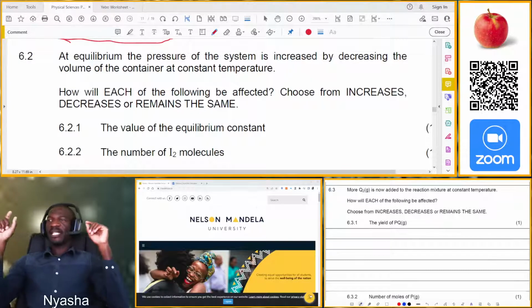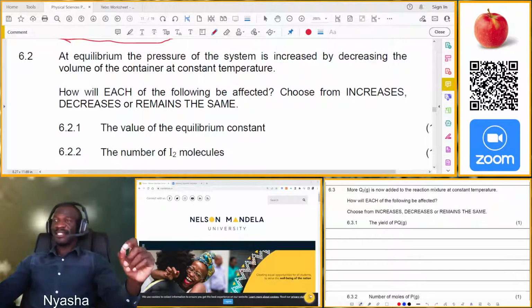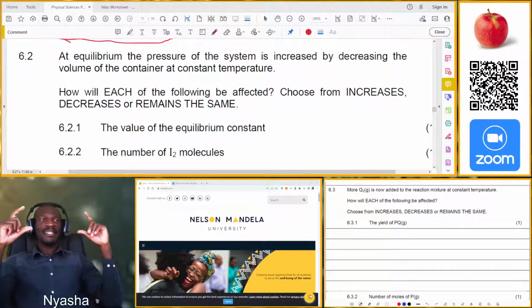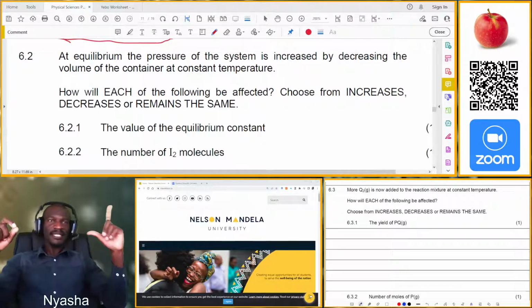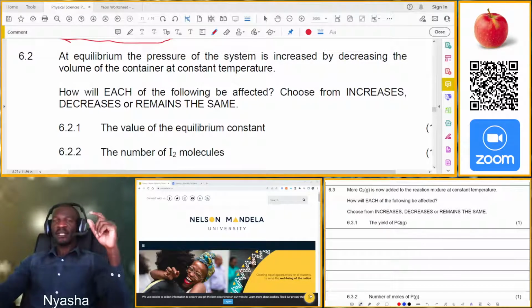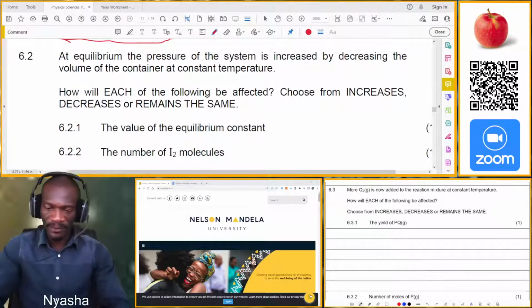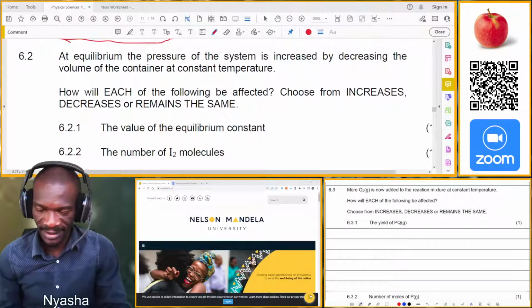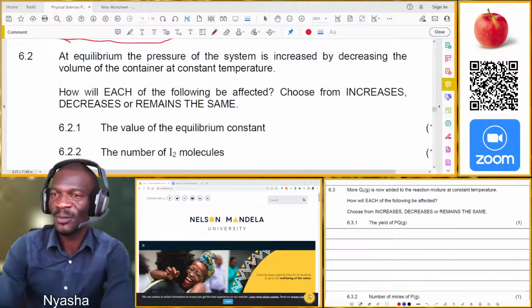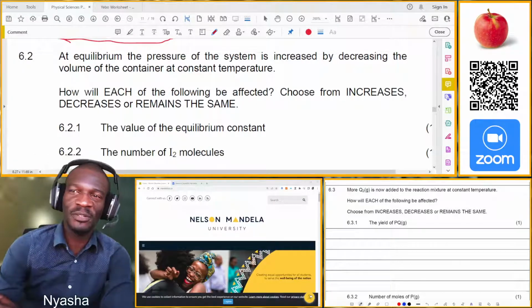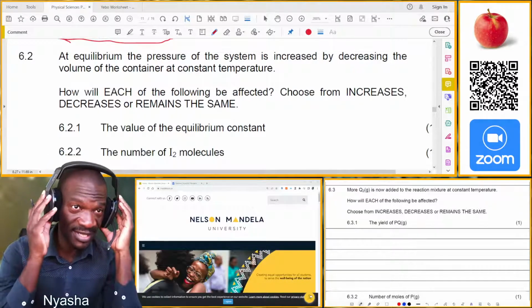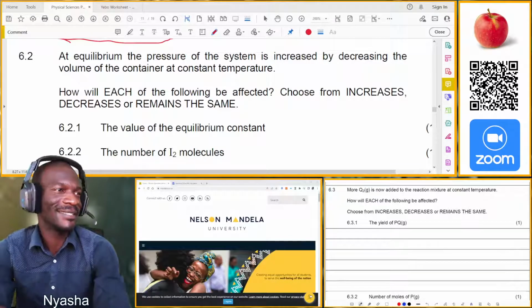Choose from increases, decreases, or remains the same. The first one is the yield of PQ. So PQ is our product, isn't it? PQ is our product. So what happens to the yield of PQ? Does it increase, decrease, or stay the same? And what is your reasoning?